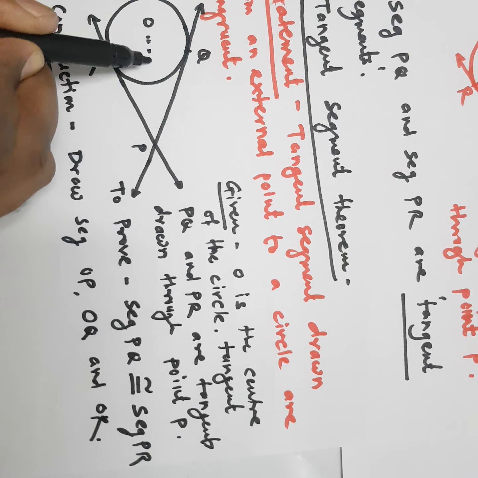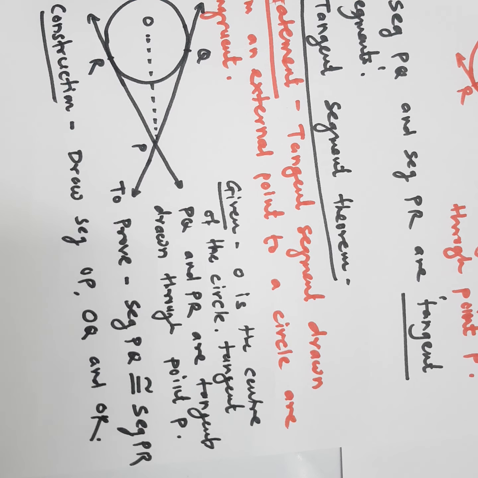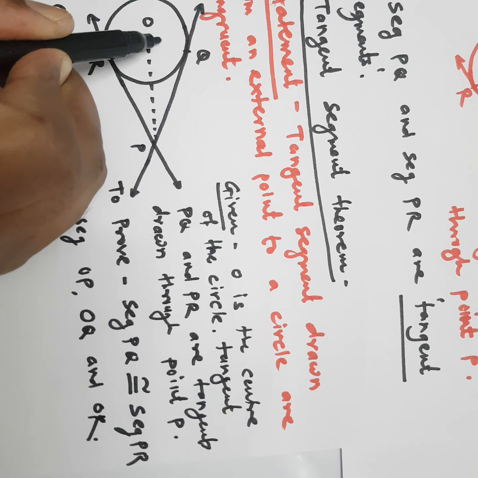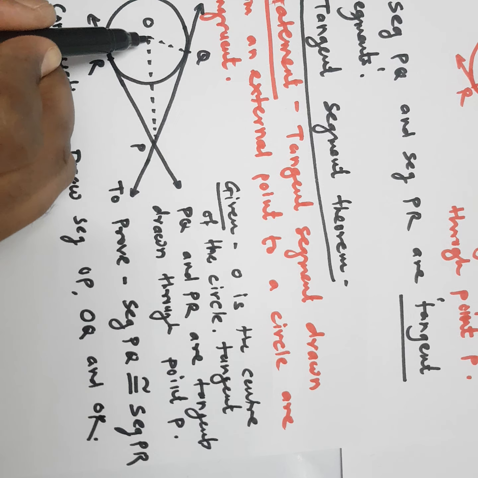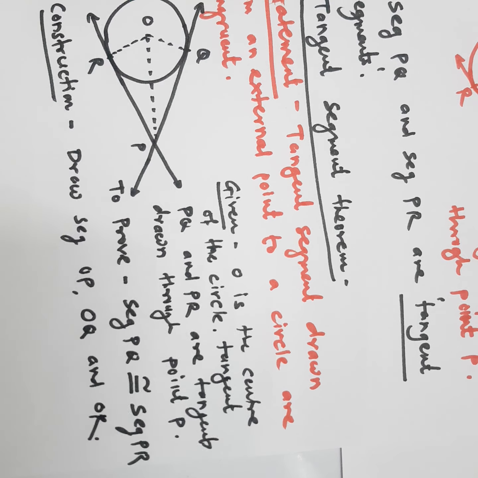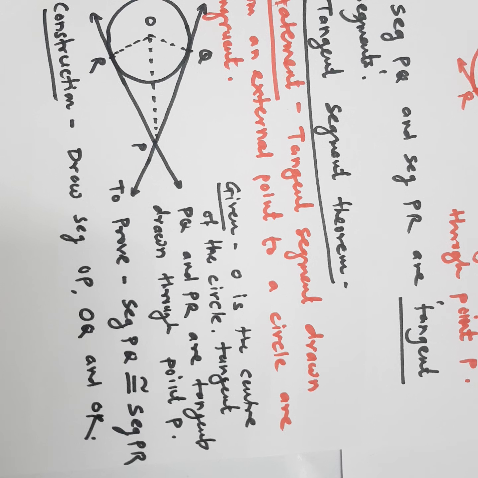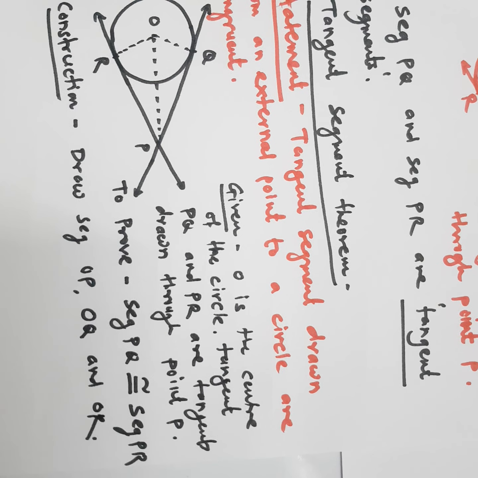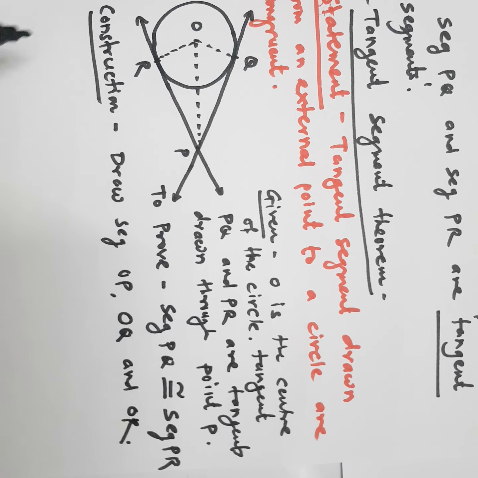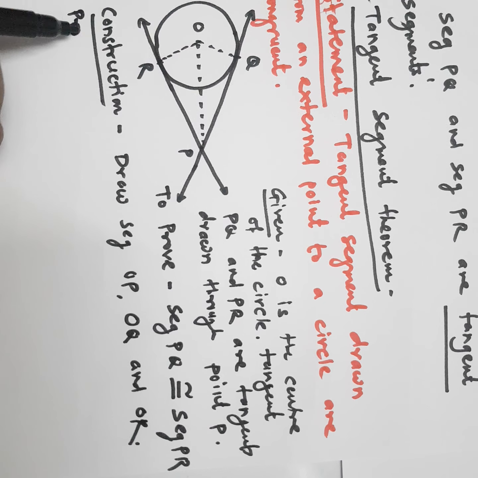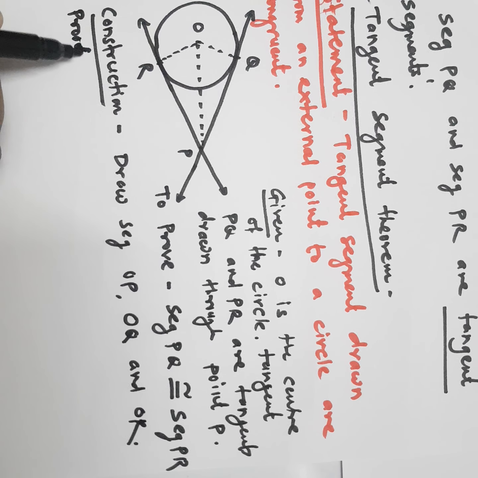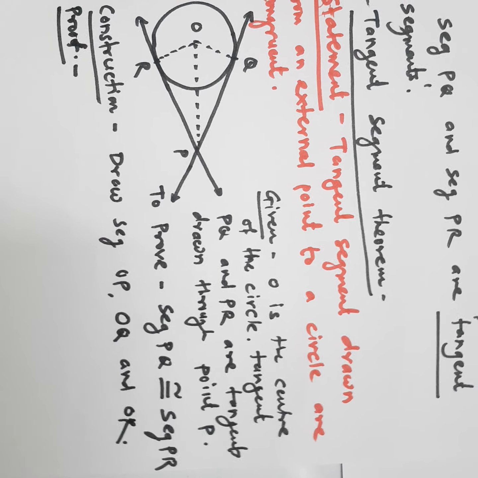Here we join O and P, join O and Q, and also join O and R. Therefore, we have drawn three segments in the construction. Then we will see the proof of the theorem.